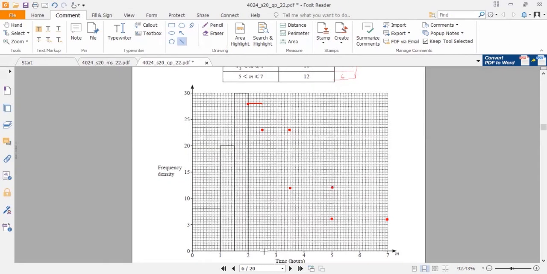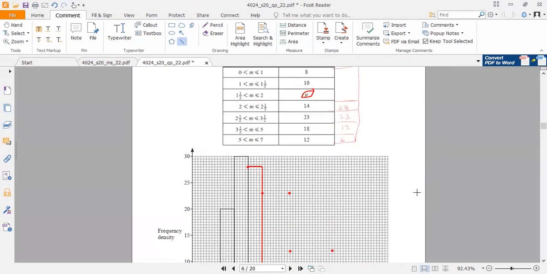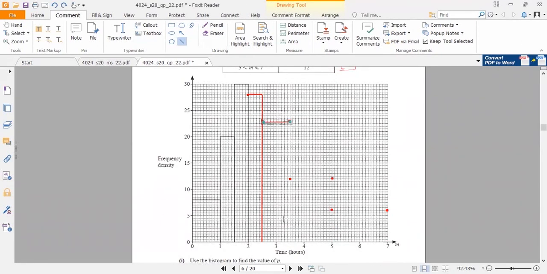Here we have the 2.5. The next is 2.5 to 3.5, and its frequency density is 23. Here we have 23, as you can see over here. This is the line of 23, and it goes from 2.5 to 3.5.